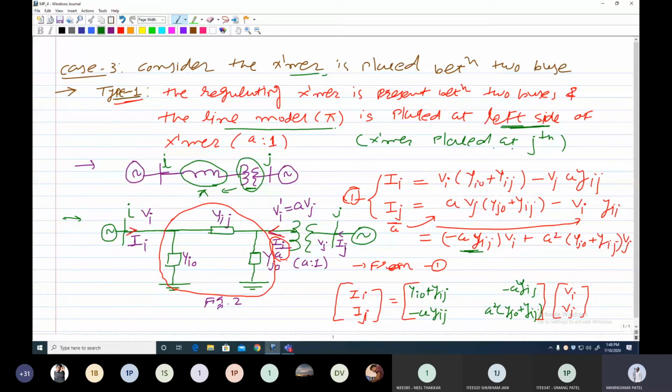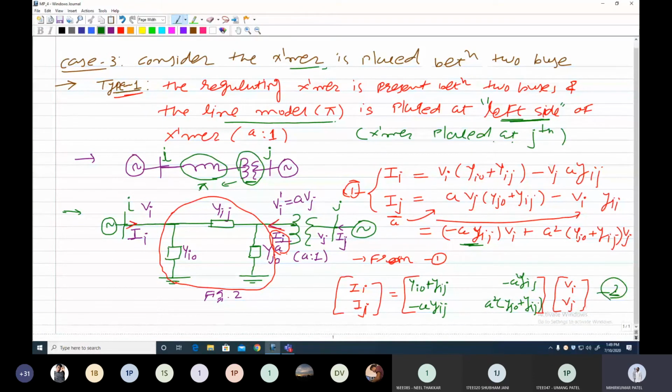That means our transmission line model is placed at the left side of the transformer, just highlight this in your book, and for that we have derived equation number 2. Clear up to this?